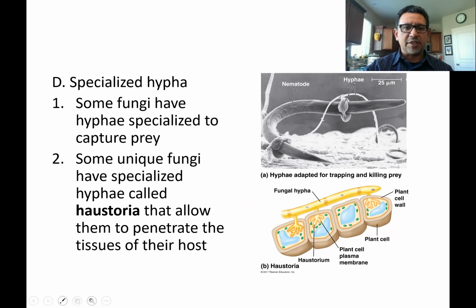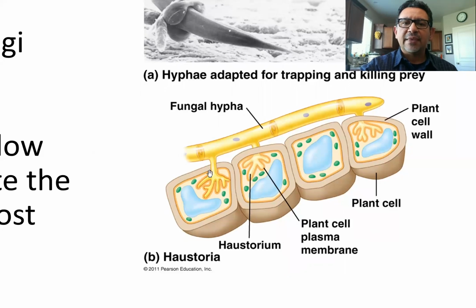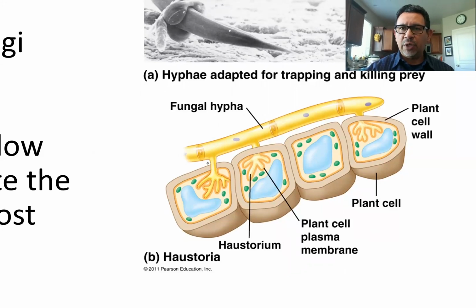I'm going to enlarge this image momentarily just to show you one detail I want you to appreciate. So here is the hypha. Here's an extension of the hypha that has penetrated through the cell wall of this cell. But if you look at this yellow line, that's the plasma membrane. The hypha doesn't go through the plasma membrane, only through the cell wall.